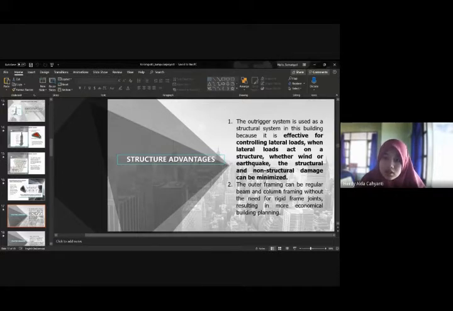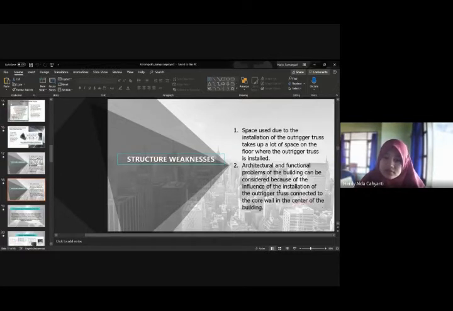When lateral loads such as wind or earthquake act on the structure, structural and non-structural damage can be minimized. Number two, the building framing can be more regular, resulting in more economical building planning.